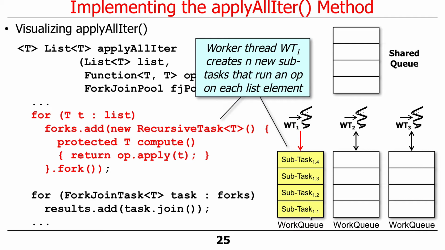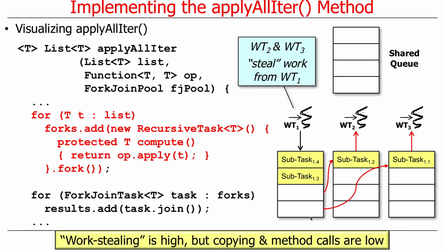And notice how it sticks every item into the worker thread's work queue. It puts them all in there, so they're all in one deck. And then the other threads in the pool, because they're eager beavers and want to get the work done, are going to come and steal this thread's tasks and start to work on them.